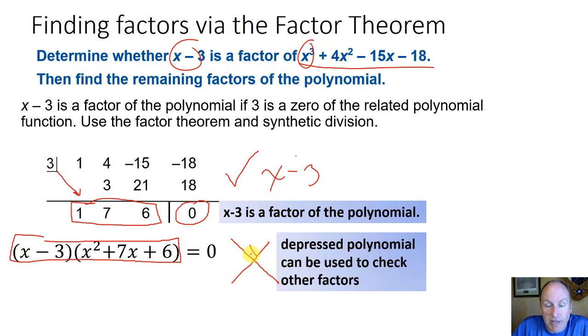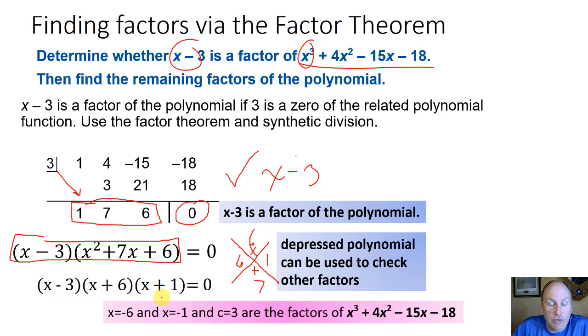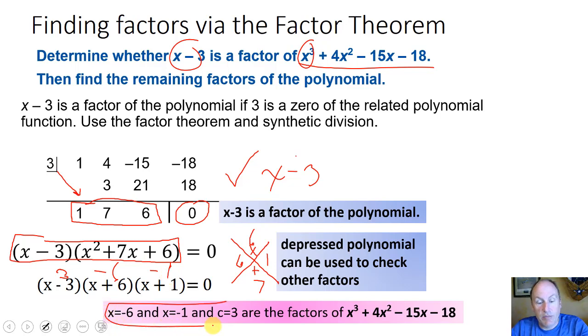The factors have to multiply to give us 6 and add to give us 7, which is positive 6 and positive 1. So we'd write x minus 3 times x plus 6 times x plus 1 equals 0, which means we have found our 3 factors. Using the zero product property, the solutions are 3, negative 6, and negative 1. Those 3 numbers are the zeros of the original polynomial.